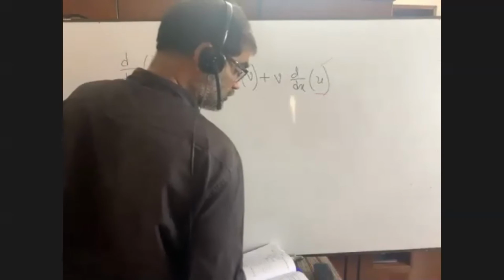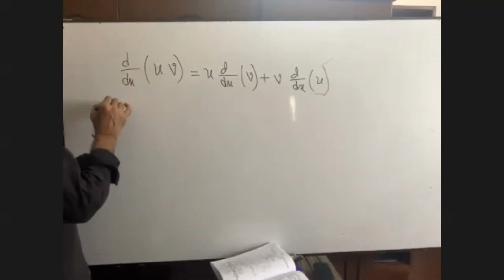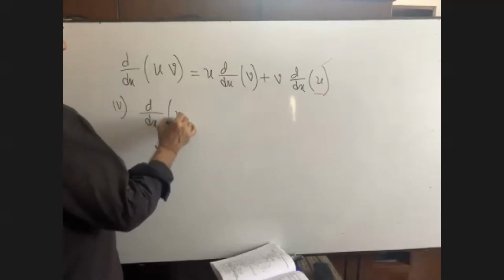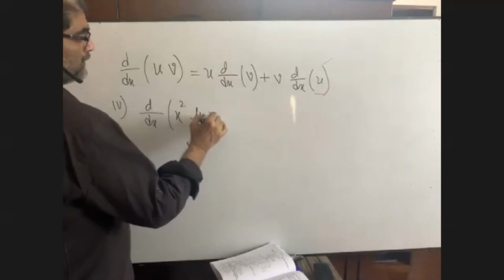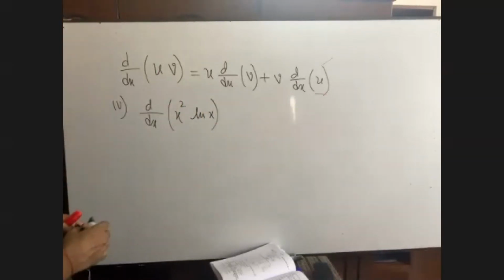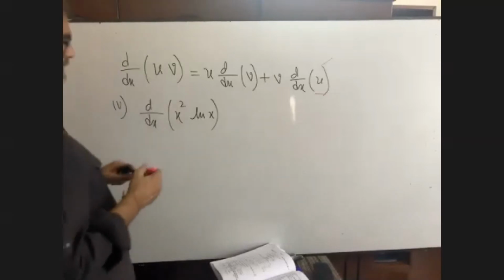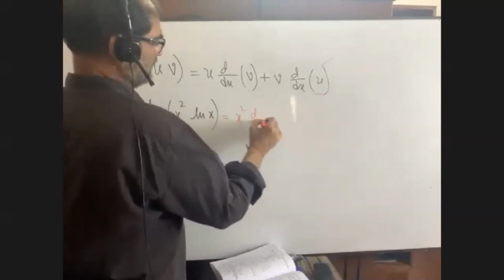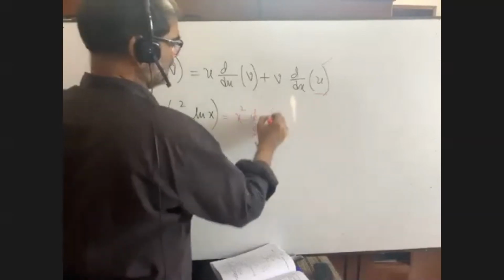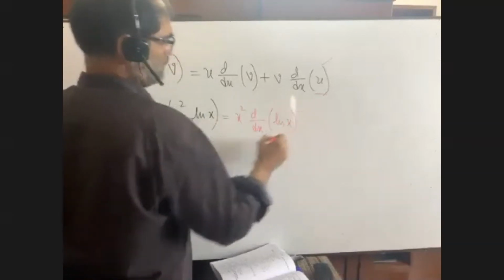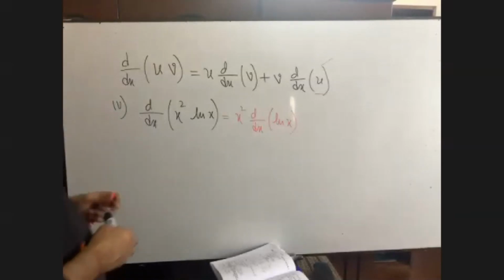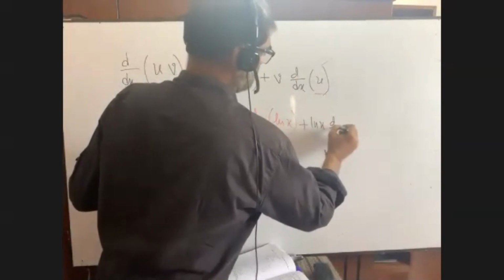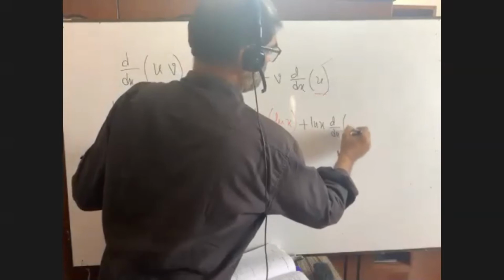Now let's go to the next math. Number 4. d by dx of x square ln x. Do it by yourself. It is u, d by dx of ln x, then ln x d by dx of u.